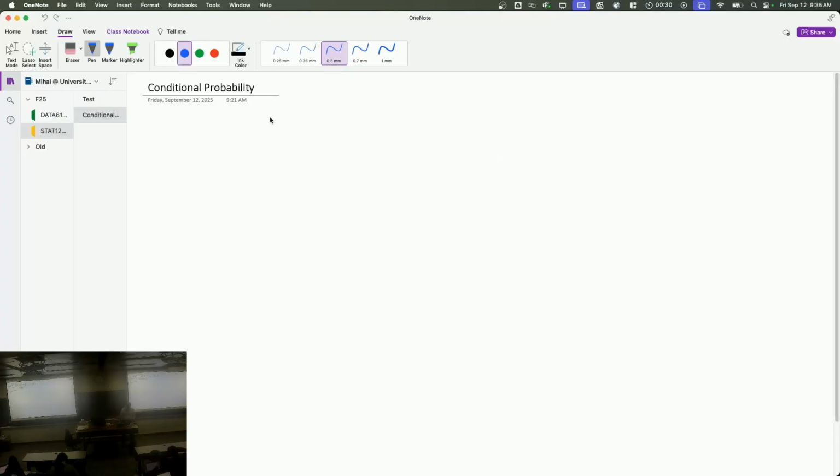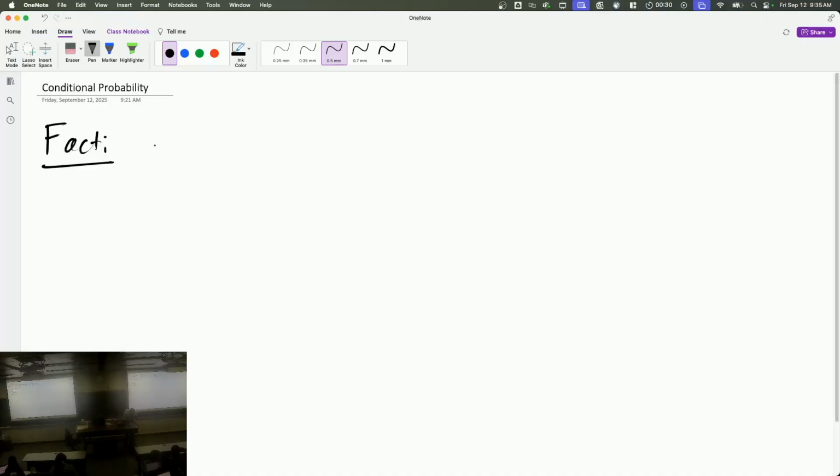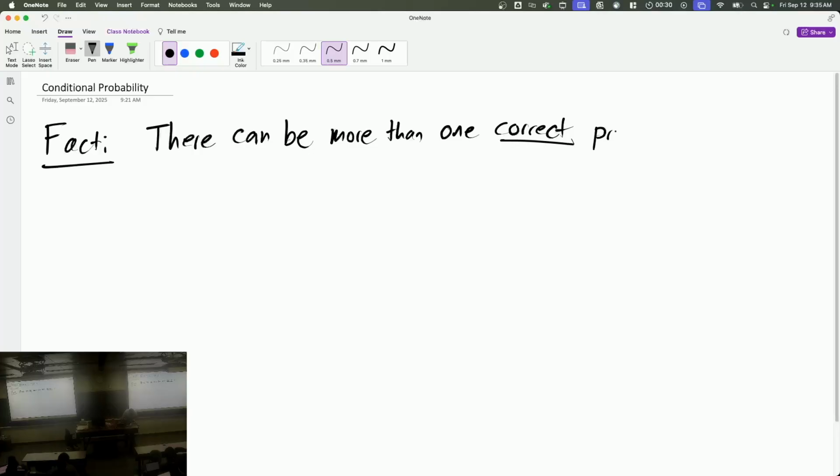So this is a fact. There can be more than one correct probability space.